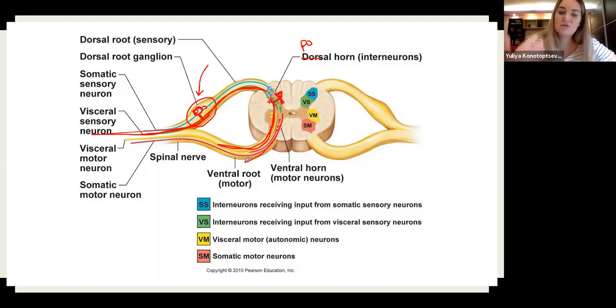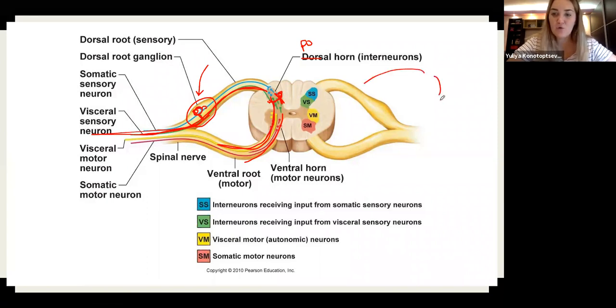So you're right to say that sensory neurons can synapse with somatic motor, but they do not synapse with them directly. They use interneuron to do so. So how do we call it? The sensory neuron synapses with interneuron, which in turn synapses with somatic motor. How do we call it? Reflex. Very good. We call it a reflex.